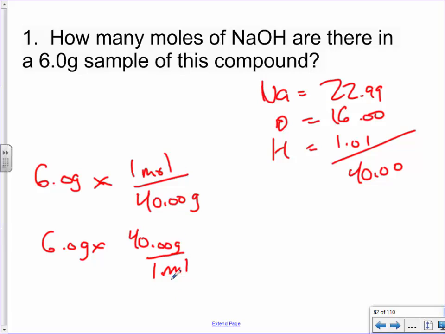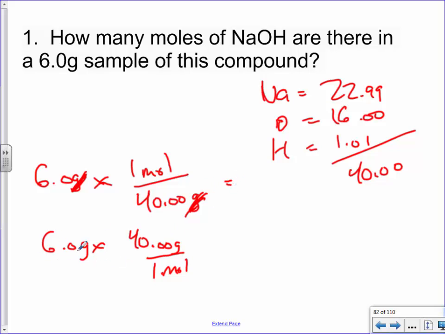Which one of these 2 ways of solving the problem is correct? Anybody know? It's the top one. Here's why. See how this gram symbol right here cancels with this gram symbol right here? Because one's on the top and one's on the bottom. This is solving things using ratios.